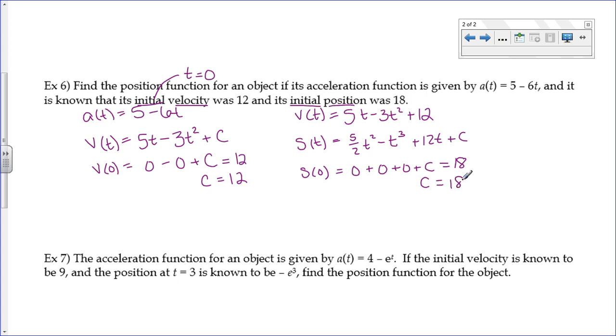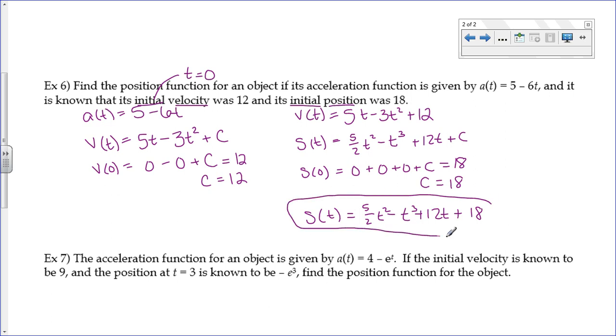So c is 18. So my position function is 5 halves t squared minus t cubed plus 12t plus 18. All right. And that's what you got. And it says find the position function. That's the position function. We just leave it like that.